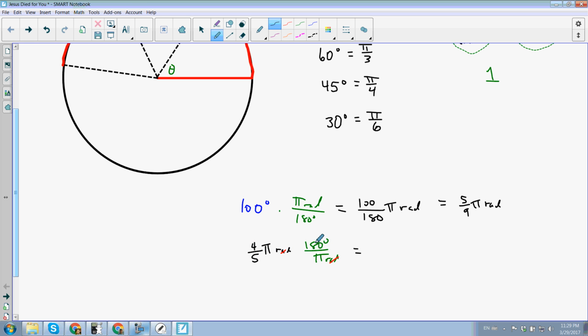So you'd do 4/5 times 180, which would be a fifth of 180, which is 36, and 36 times 4 would be 144 degrees.